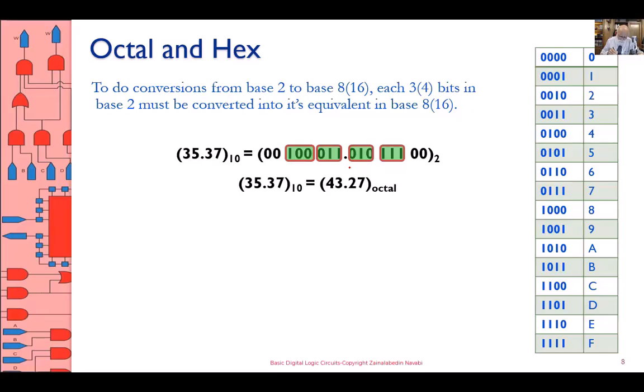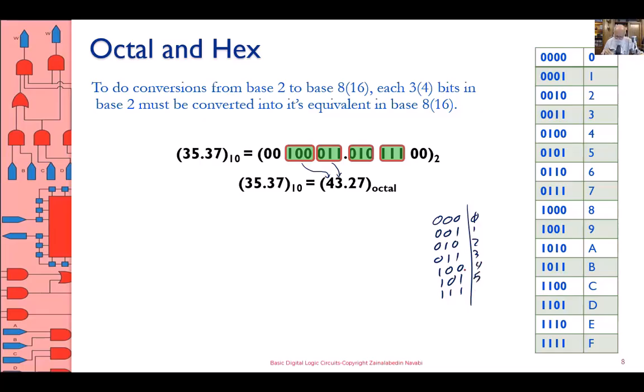So here, take the binary point, go to the right of it, 3, 3, 3. Go to the left of it, 3, 3, 3. Then independently, individually convert them to their octal equivalent. For example, 100 is 4. 011 is 3.